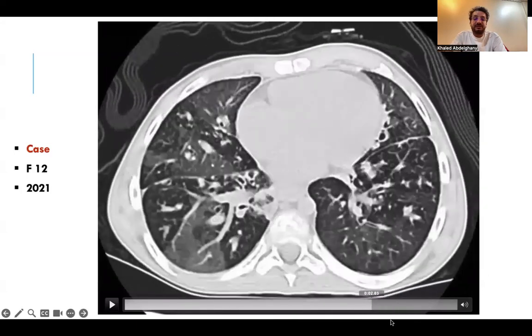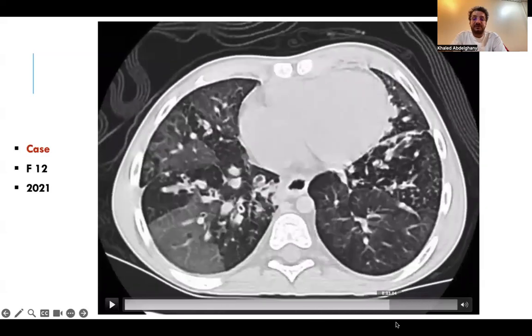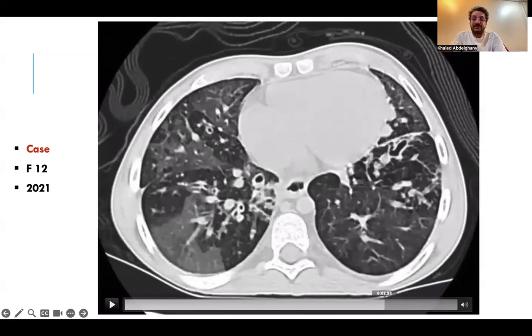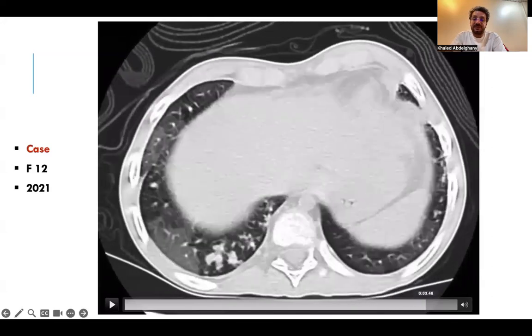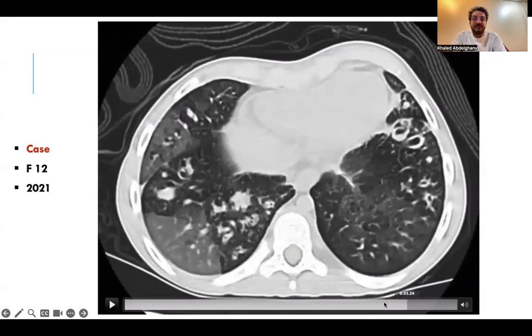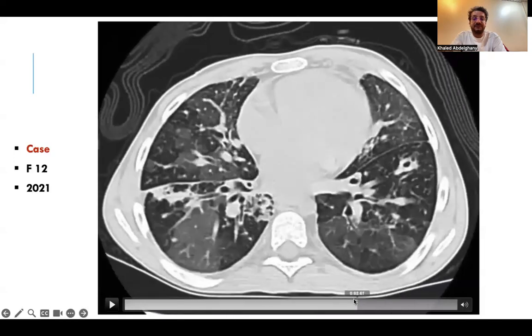Mosaic attenuation is one of the signs of small airway disease, plus the presence of the tree-in-bud. So in this situation, we have involvement of both large and small airway disease in chronic infection of specific etiology.